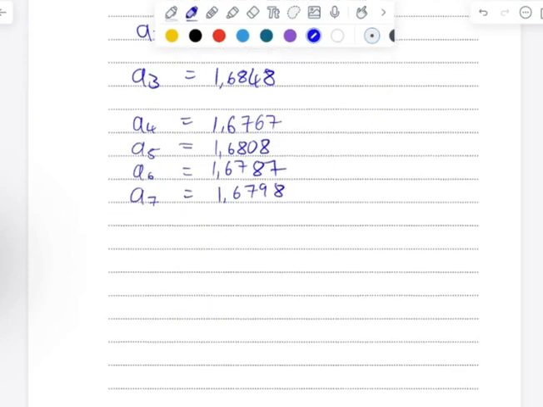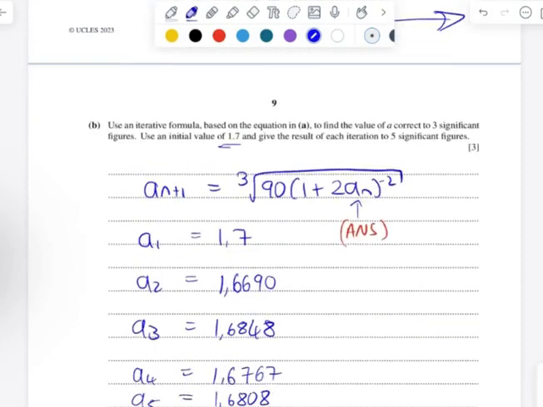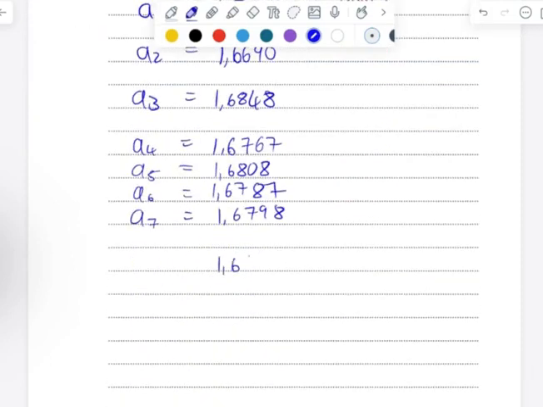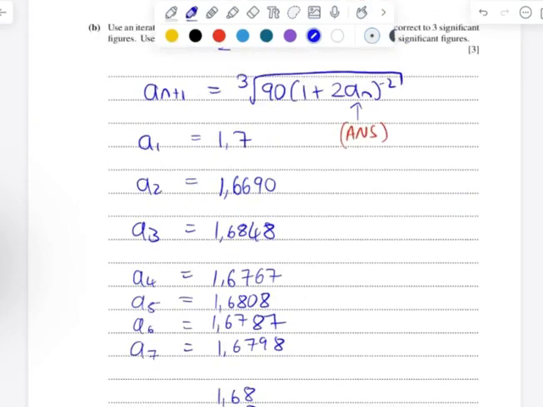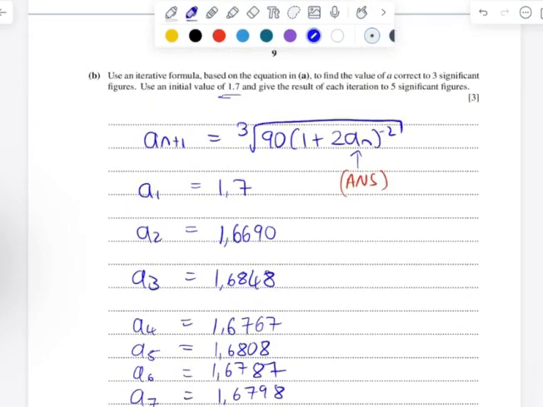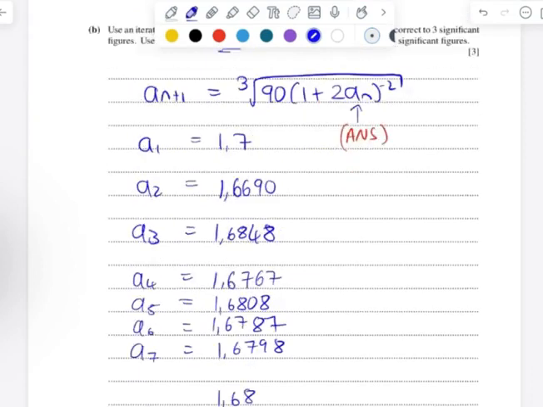Okay, and then eventually you are to give us to 3 significant figures. So can you see that that is going to round off to 1.68? All right, so that is a really nice question. Make sure that you're comfortable doing these because it's really a good way to get easy marks.